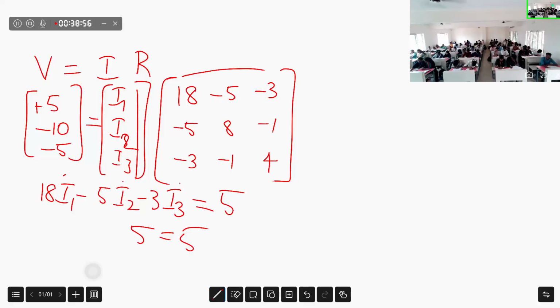As usual, find out del value, del 1, del 2, del 3, and find out I1 is equal to del 1 by del, I2, I3. Check what values you get. So find out first del, then del 1, substitute here.